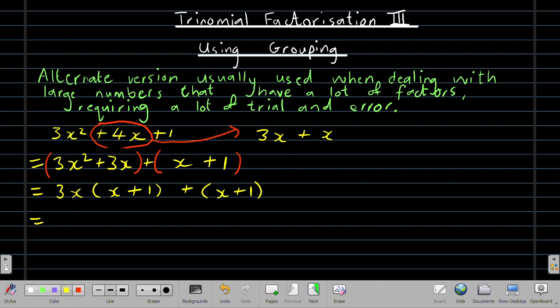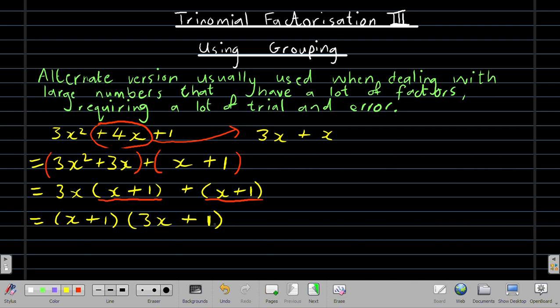So we have x plus 1 on this side, and x plus 1 on this side. So we just factor out x plus 1. We take that out, and what we're left with is 3x plus 1.